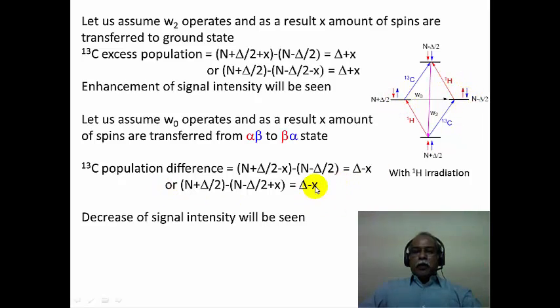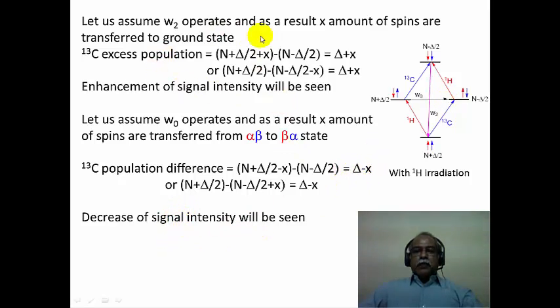Now the population difference, if you look at n plus delta by 2 minus x, which would be this particular spin state, minus n minus delta by 2, is equal to delta minus x. In other words, there is a depletion of population upon W0 being operational, and this would essentially decrease the signal intensity.